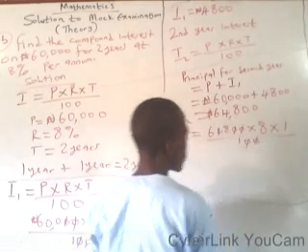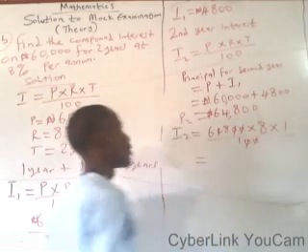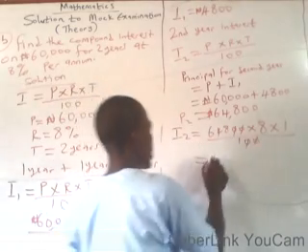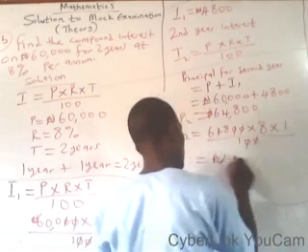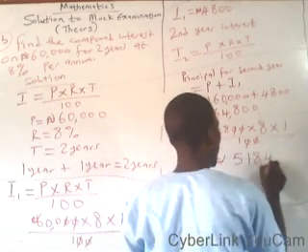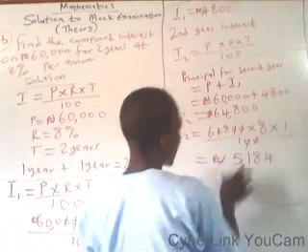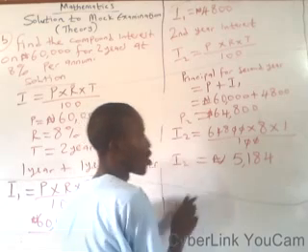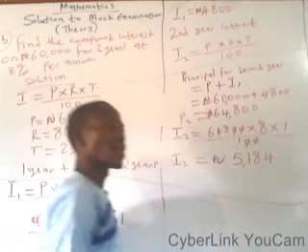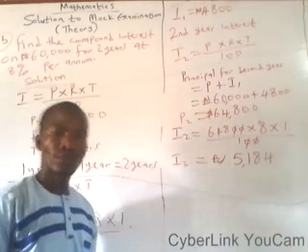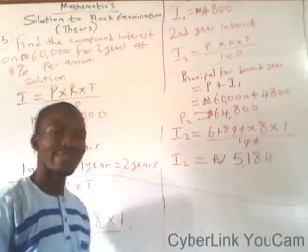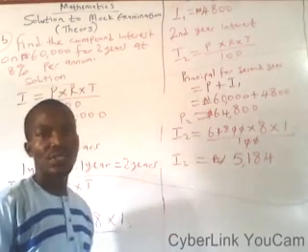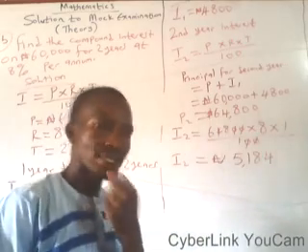We cancel the zeros, and if you calculate this very well, you are going to arrive at 5,184 naira. That is the interest for the second year. Is that where we are going to stop? No, we are yet to reach the final stage. Now we want to get to the final stage.